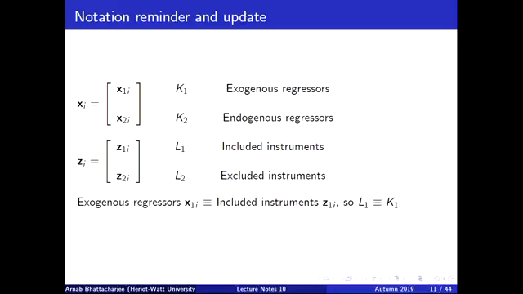Why do you say if the rank of pi 2 is less than K2 minus 1, we are rank consistent? The rank has to be K2, otherwise we cannot identify the corresponding beta parameters.